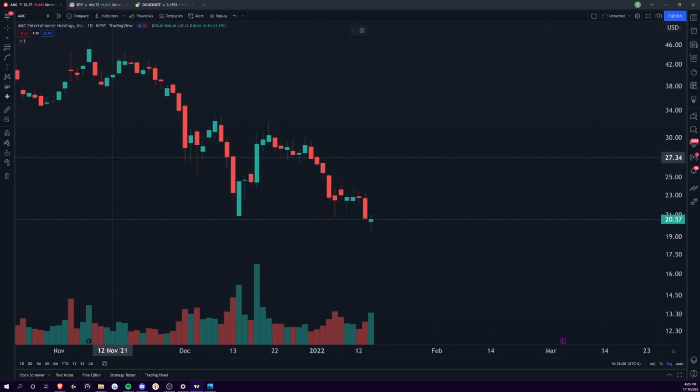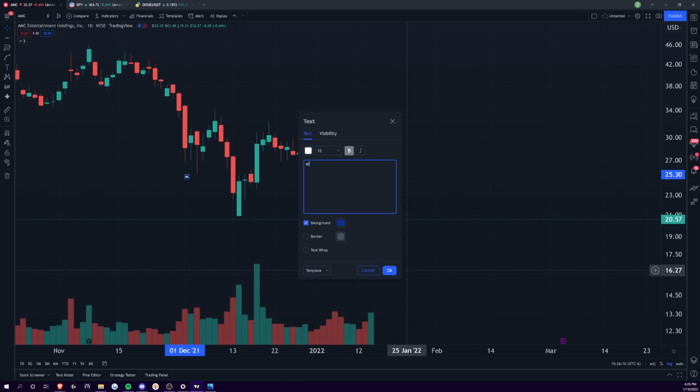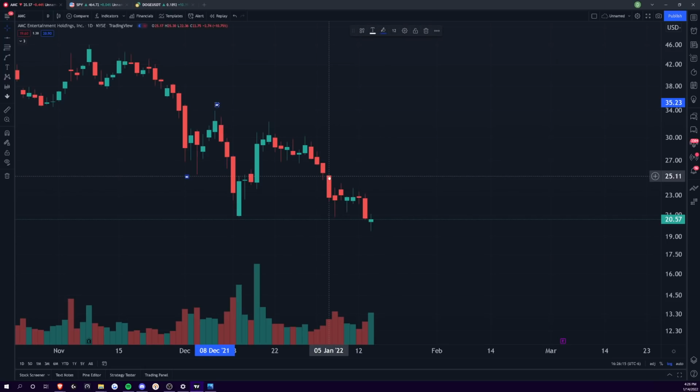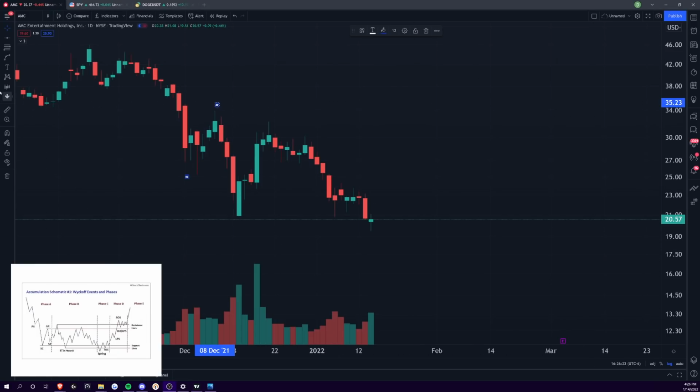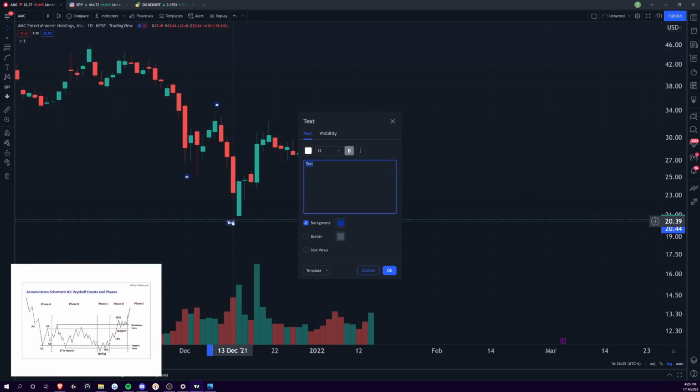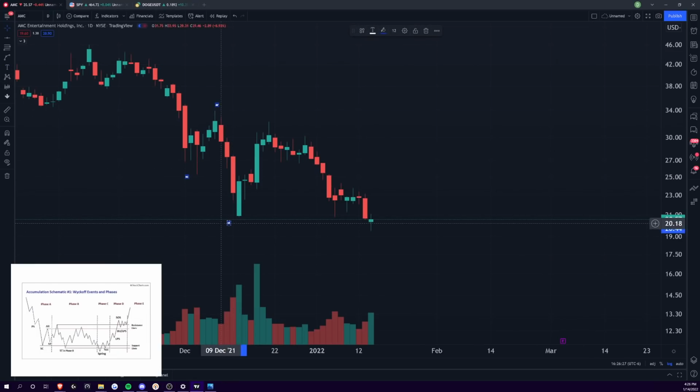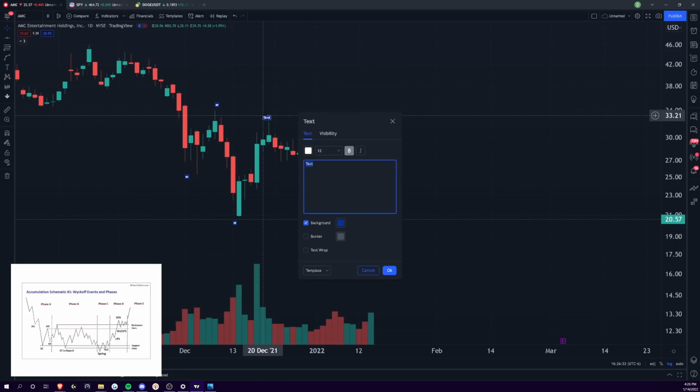But I think that at least for now, the way that I've been looking at the chart, ever since we broke this $24, $25 region up here, we broke this and broke down like this, is, let me pull up that accumulation schematic again so you can see it while I'm doing this, that this was a secondary test in phase B, okay? And then you have this phase B distribution.